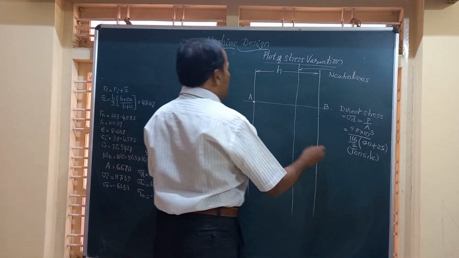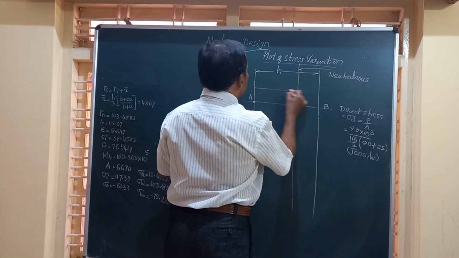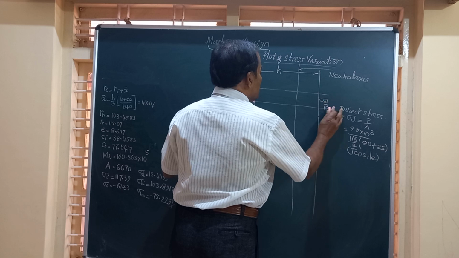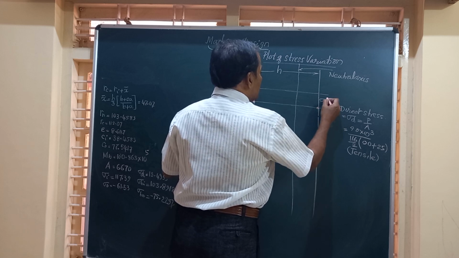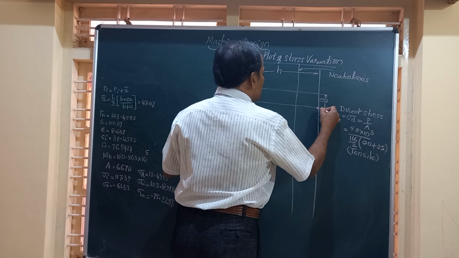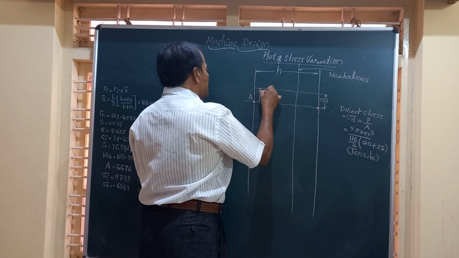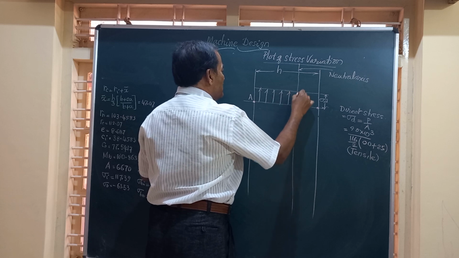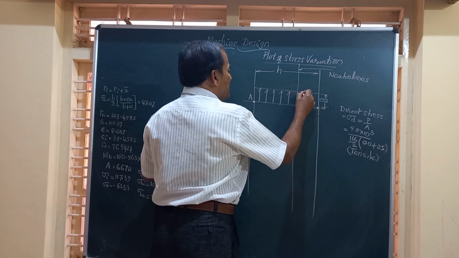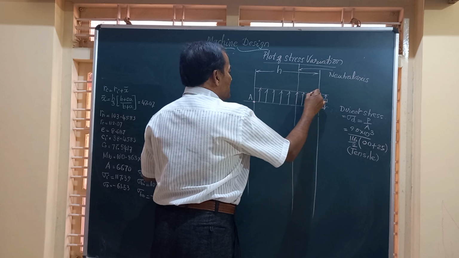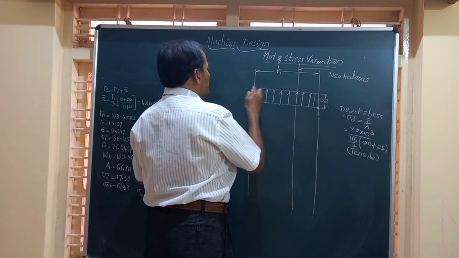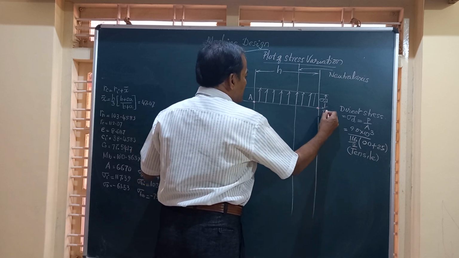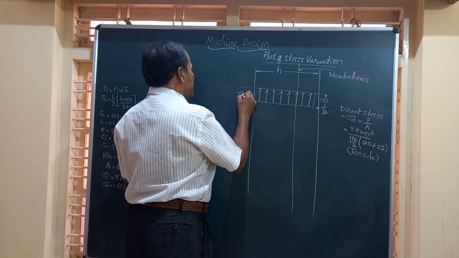So friends, you get a value and you can just write a line here indicating what is this sigma d. Sigma d is the maximum stress, that is the tensile stress. So I will just write down a box, a rectangle with height equal to the value of sigma d you get from here, and this is drawn to some scale. It will have the same magnitude across the critical section AB. So here also it is sigma d.